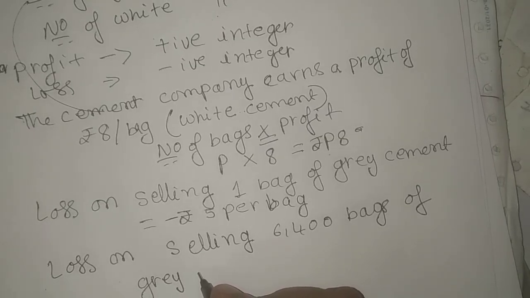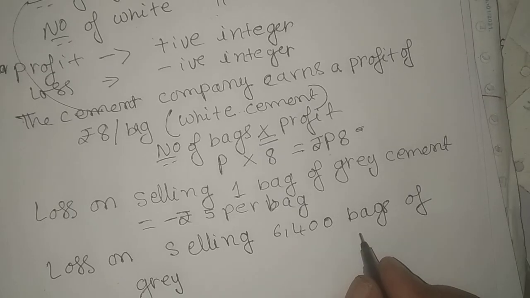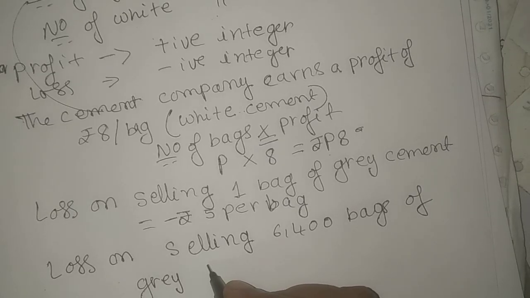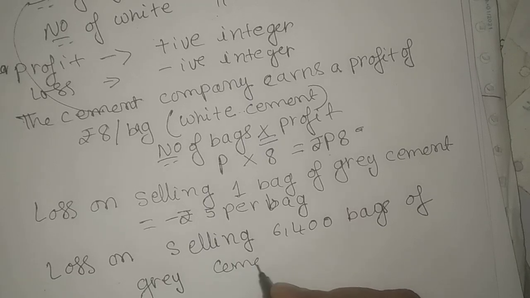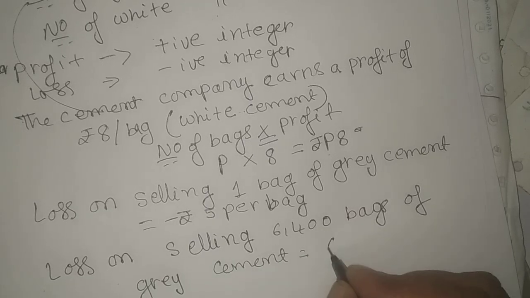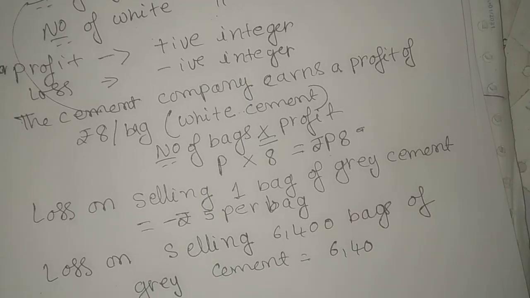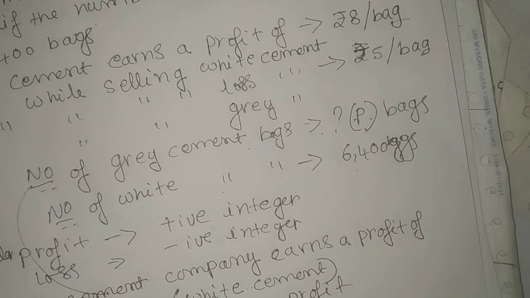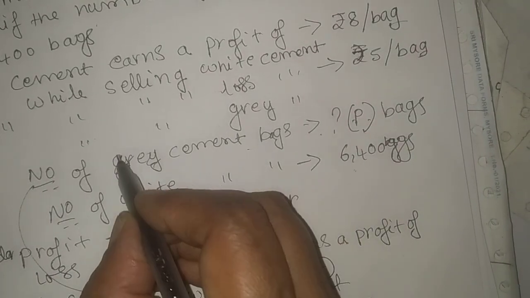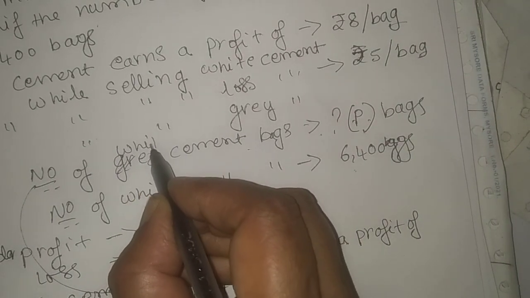So on selling 6,400 grey cement bags, sorry, I have written here, this is white cement, white cement.